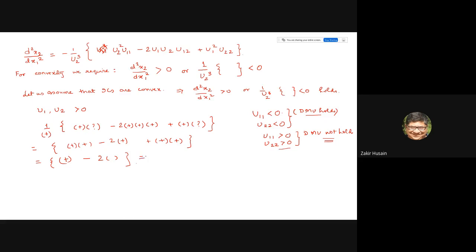Now suppose this is greater. It can happen, we don't know the values, this could be more, or this could be less. Suppose it is less, this is greater, then what will this be? What is the sign? The sign is negative. So we can see that this term becomes negative. We have convexity.